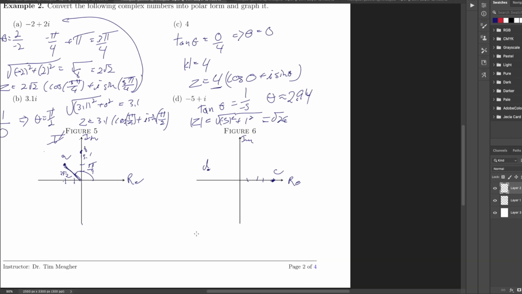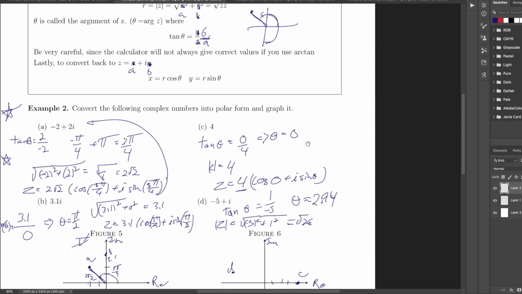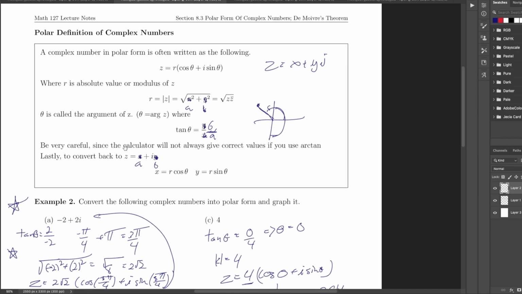So z is equal to the square root of 26 cosine of 2.94 plus i sine of 2.94. So that's how you write these things into polar form. Okay, so this just takes a little getting used to. Go ahead and have that thing from Wikipedia somewhere, just write it down. These are just a bunch of formulas you're going to be working with.